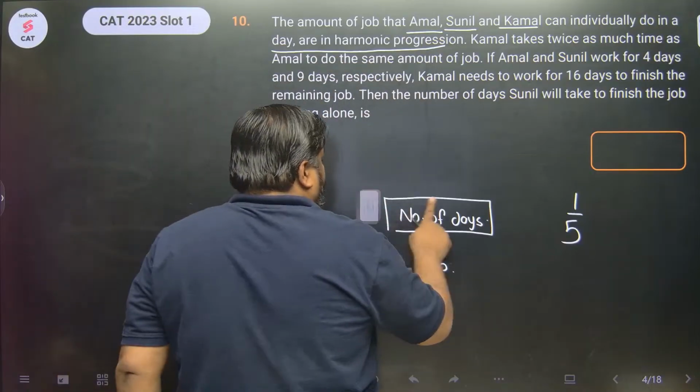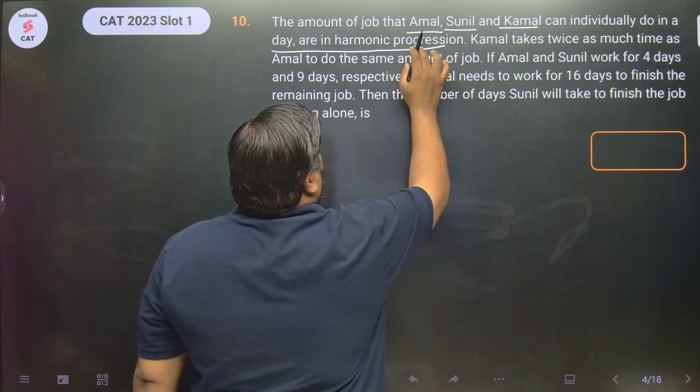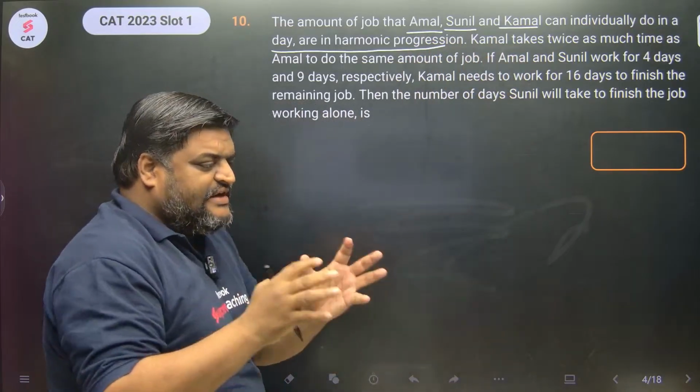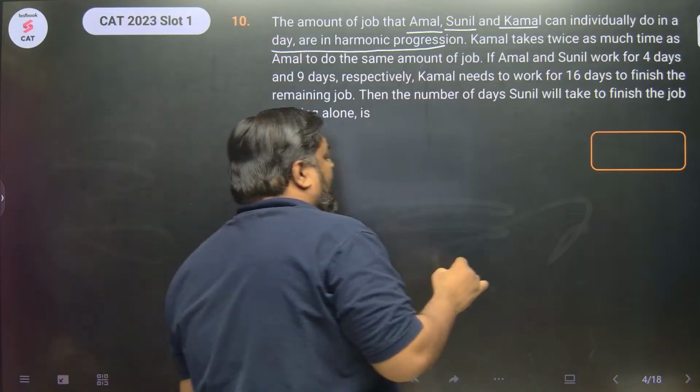So I can say the number of days Amal, Sunil and Kamal individually take to finish the entire work is an arithmetic progression.